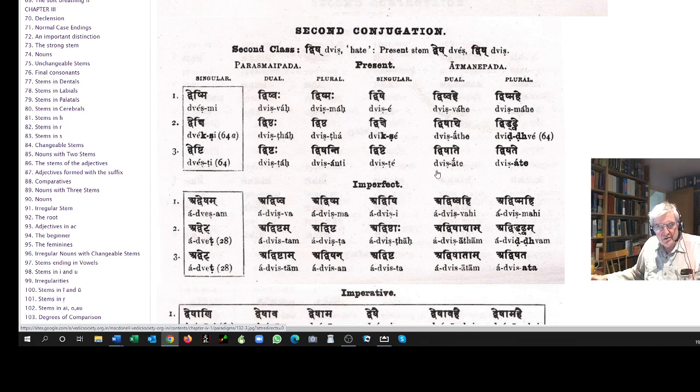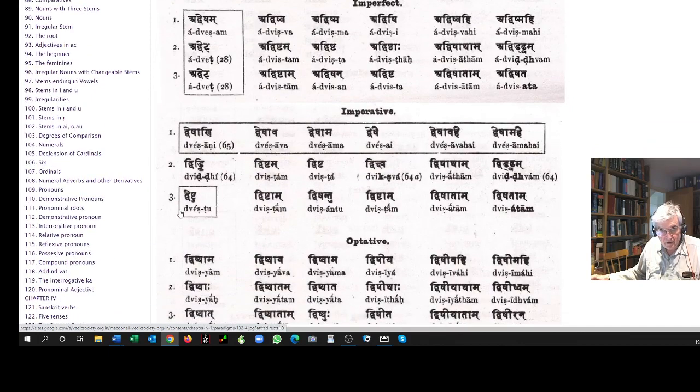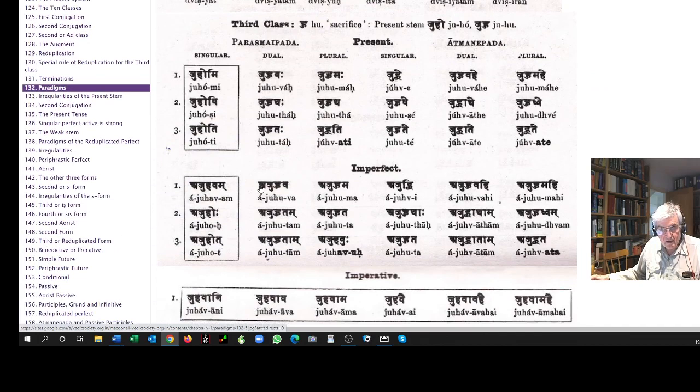You will also note, and this is an important point, that in this text boxes are drawn round certain of the verb forms.